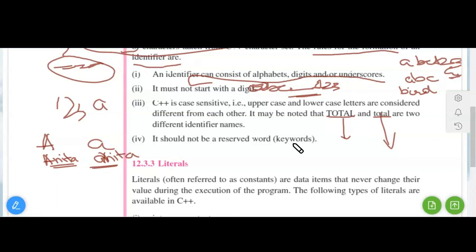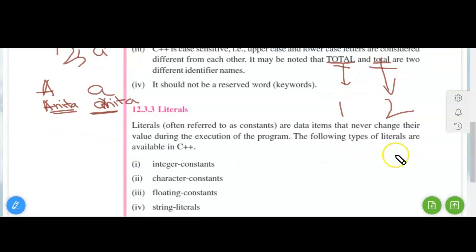Whenever you name a variable, always use the same name, and keep in mind it is case sensitive. You can see the example here. When you write Total and total, they are taken as variable 1 and variable 2. They are not the same variables.